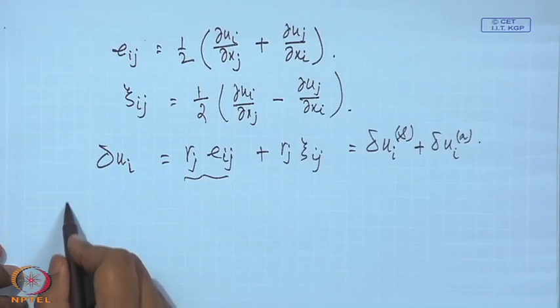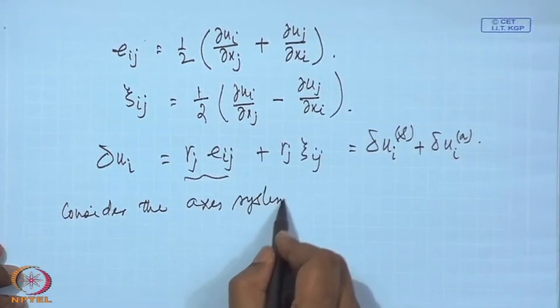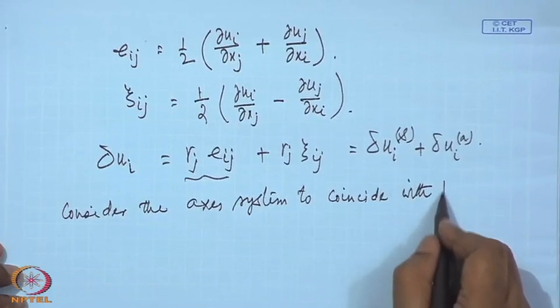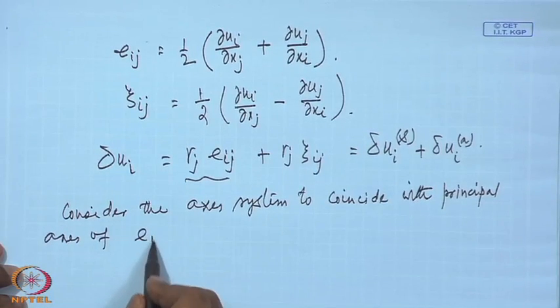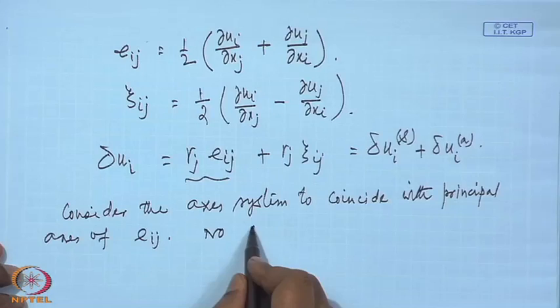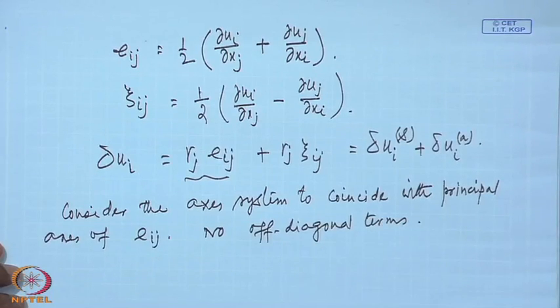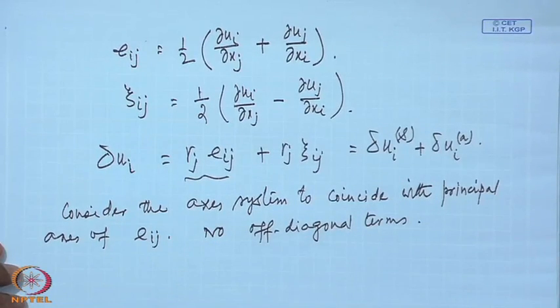We will then have only three components, no off-diagonal terms, and the three components of delta u_i are in a very simple form.